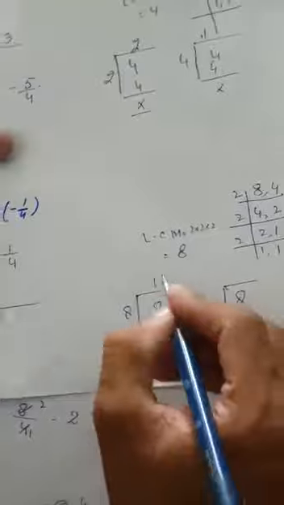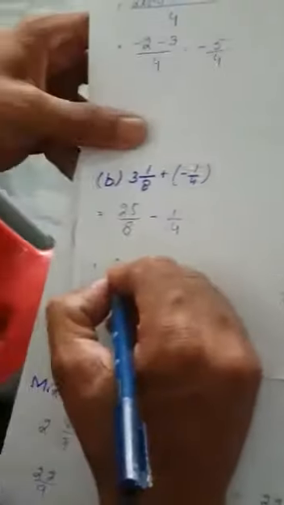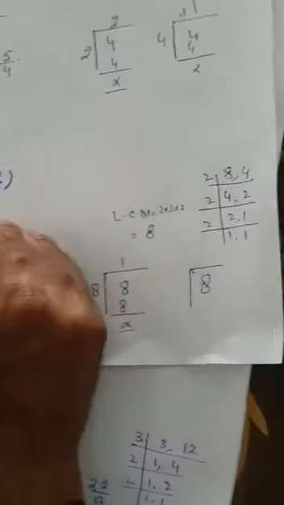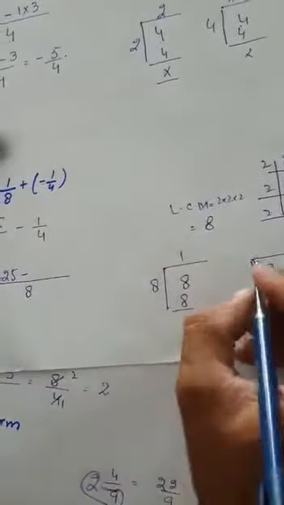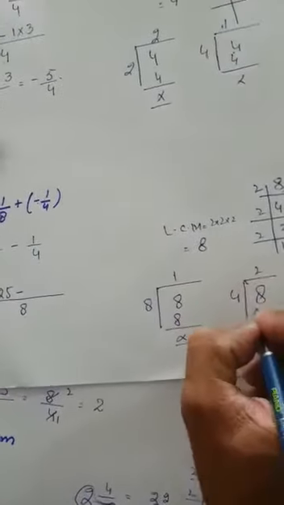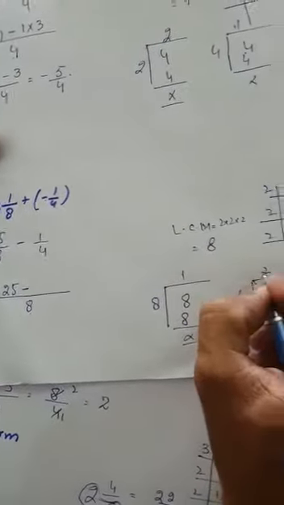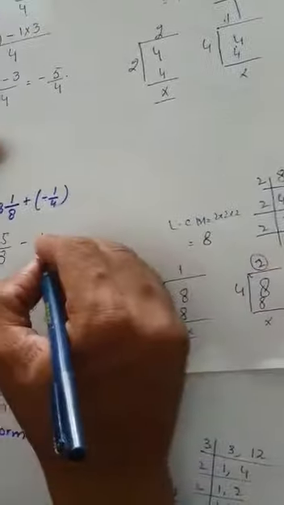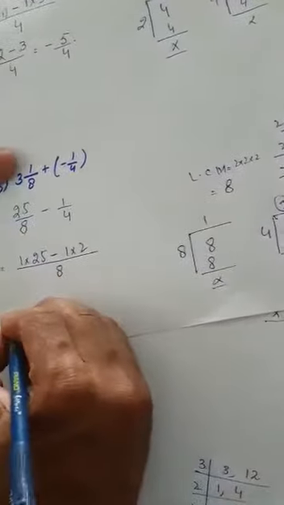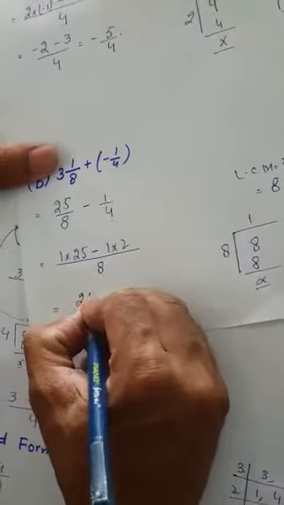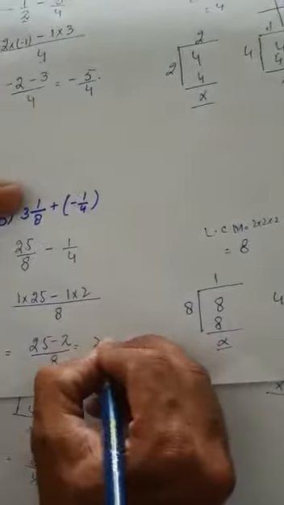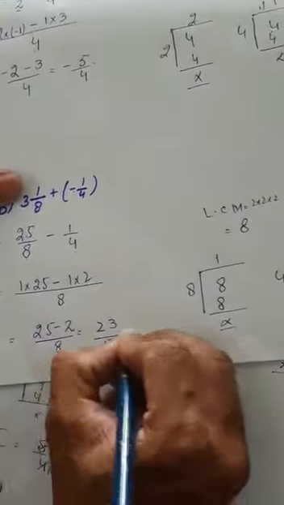Now this 1 will be multiplied by this 25. 1 into 25. Okay, after this the minus symbol will be written as it is, and here we have the 4 in the denominator. 4 2s are 8, and now this 2 will be multiplied by this 1. 1 into 2. Okay, this will be equal to 25 minus 2 over 8, that is equal to 23 over 8, which is our answer.